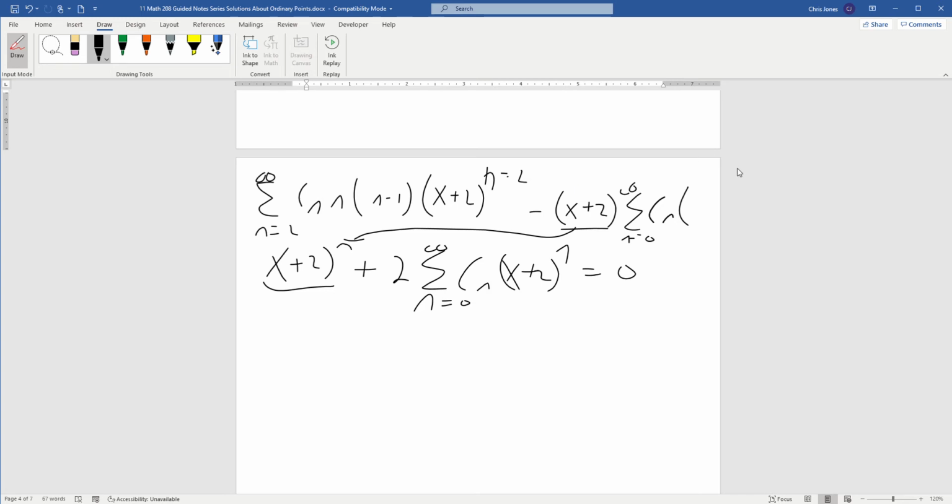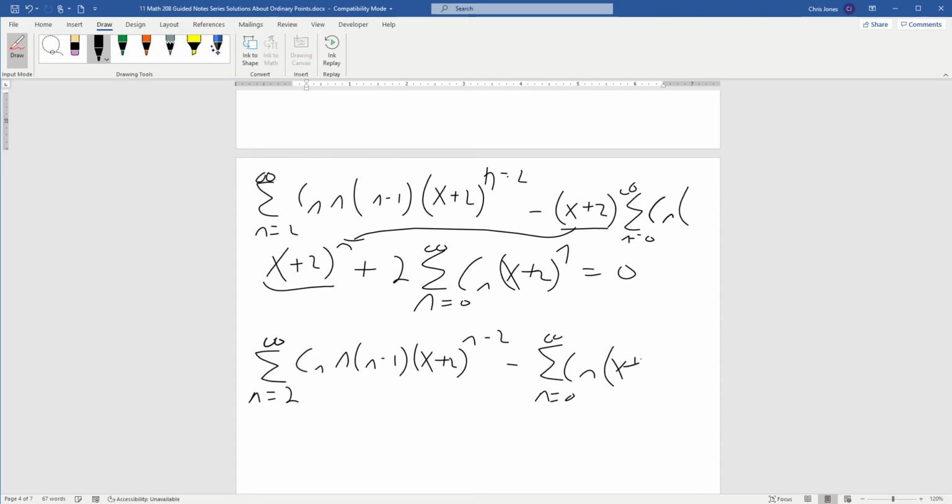All right, so one last time that we're going to rewrite this before we switch into k's. Series n equals 2 to infinity, c sub n, n minus 1, (x plus 2) to the n minus 2, minus series n equals 0 to infinity, c sub n, (x plus 2) to the n plus 1, because we just substituted n plus 1 and we distributed that back in.